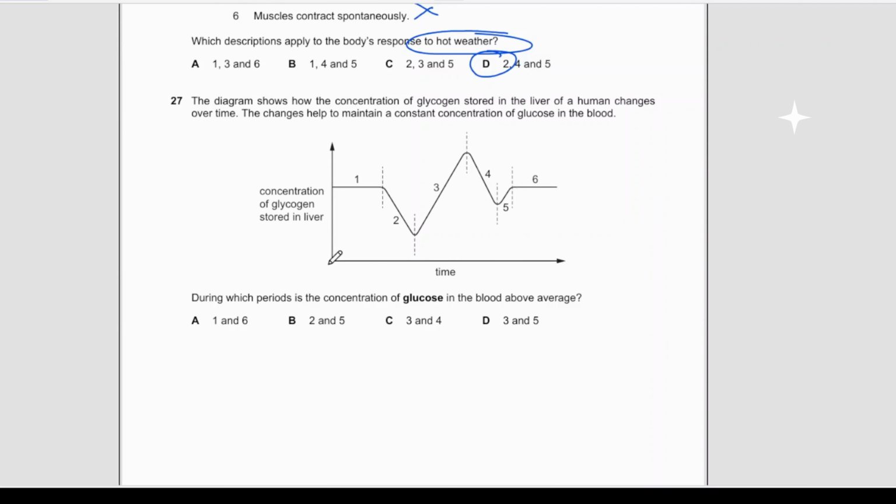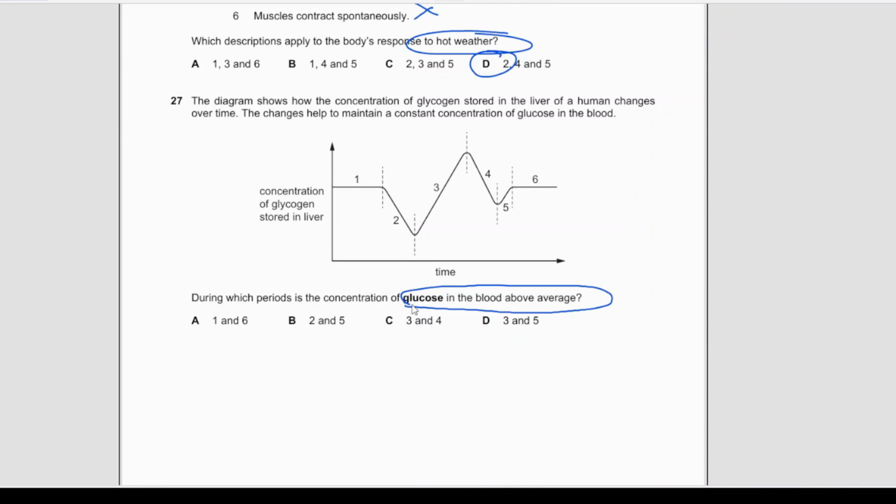Okay, the diagram shows how the concentration of glycogen stored in the liver of a human changes over time. So there comes a point when the glycogen decreases and a point when it increases. In which periods is the concentration of glucose in the blood above average? Now, why is glycogen produced? Listen to me, I'm giving you a hint. Glycogen is produced because there is more glucose in the blood.